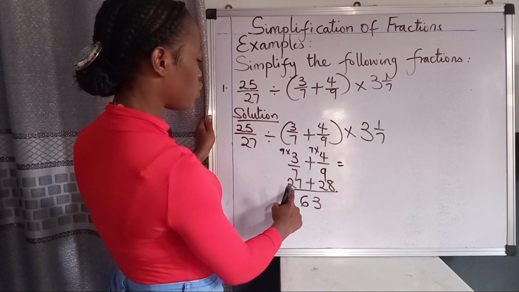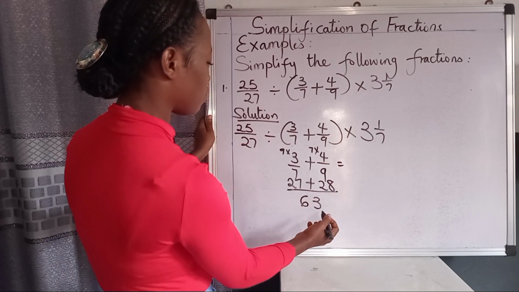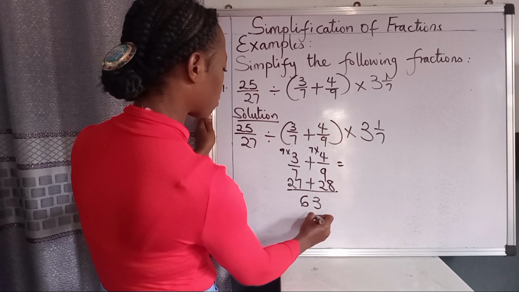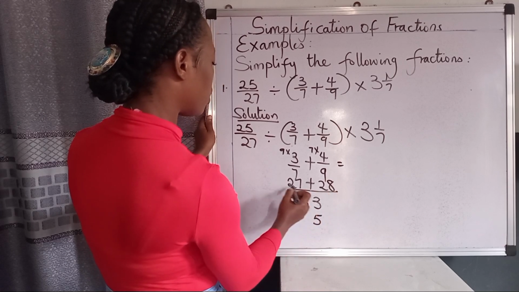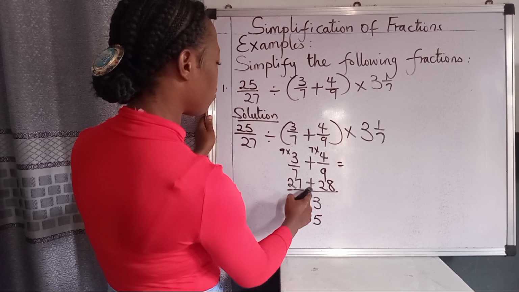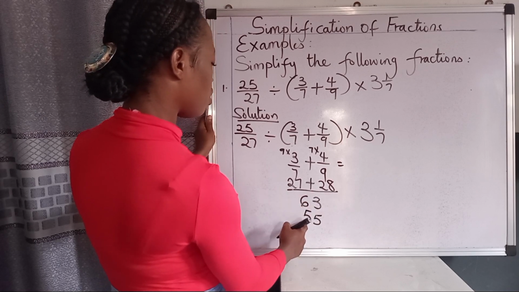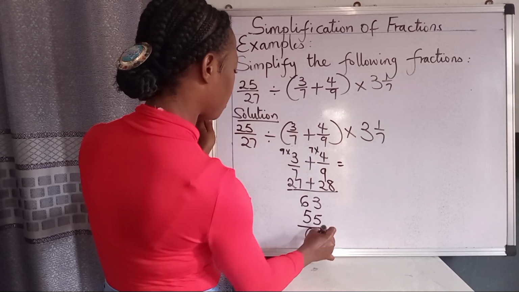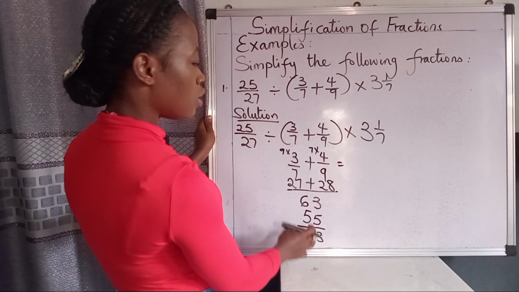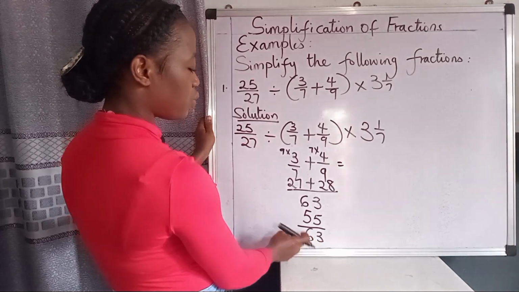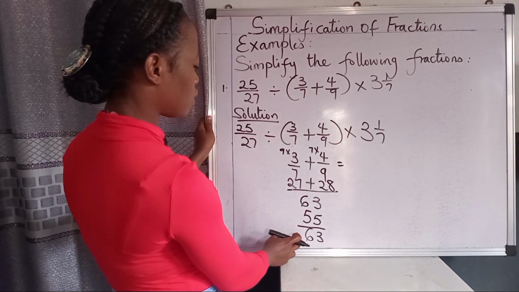So we're going to have 27 plus 28. 8 plus 7 is 15. 2 plus 2 is 4 plus 1, 5. So 27 plus 28 gives you 55. So we're going to have 55 over 63, right? Now we have solved the bracket part of this question and we got 55 over 63.